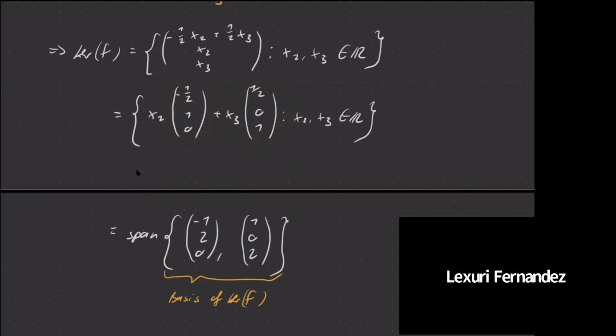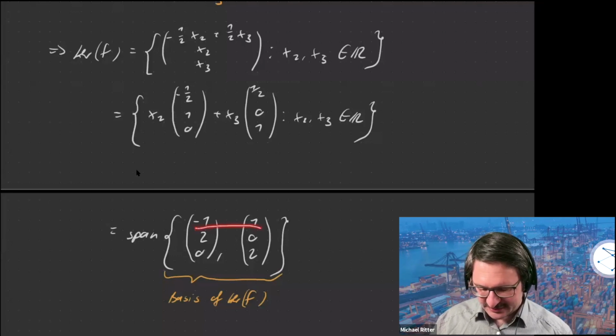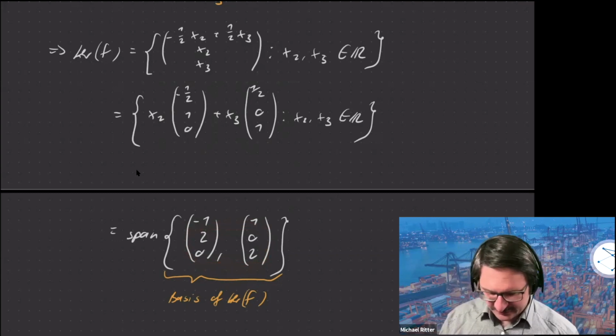Then there is another question: how do you know so fast that those vectors in the span of the kernel are linearly independent? What I'm doing is basically looking at these 2 rows here. If I would try to prove whether these are linearly independent, I would need to determine a linear combination giving the zero vector.